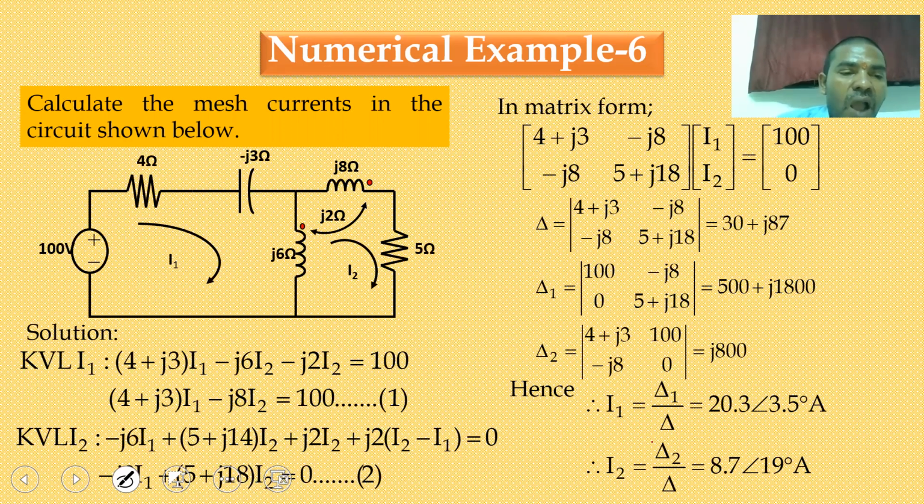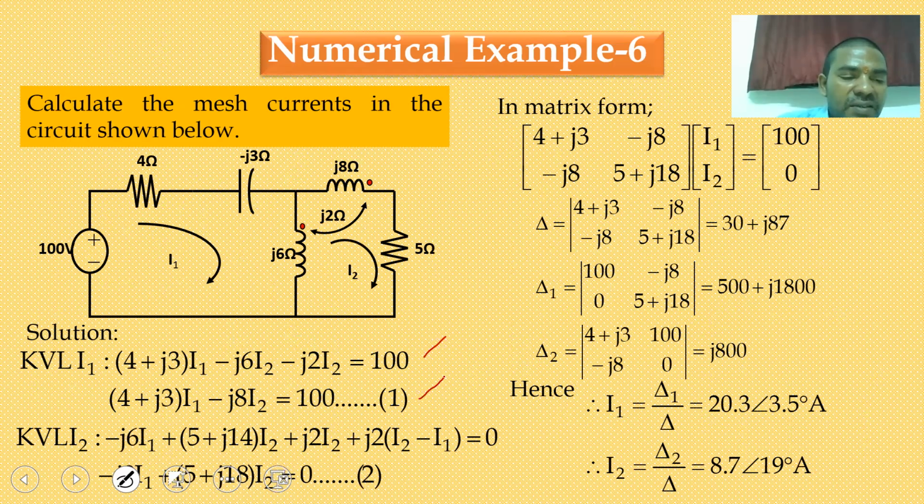I1 current is starting dot, I2 current is ending dot, so mutual inductance is negative. Minus J times 2 into I2 is equal to 100. That is your first equation. If you simplify, 4 plus J3 I1 minus J8 I2 is equal to 100.